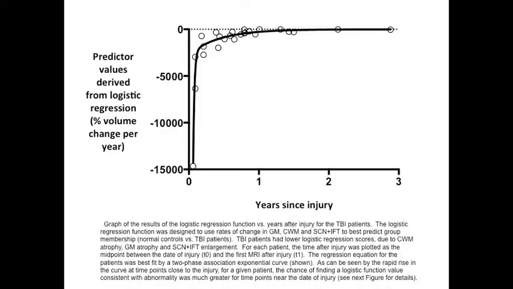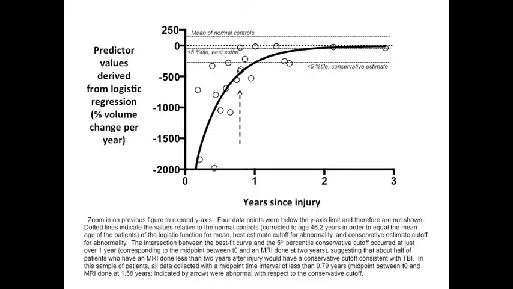But remember, I showed you those curves where the biggest changes were close to the time of the accident, within 6 to 12 months or so, especially. And we noticed in our data, when you looked at the change of the logistic function predictor values over time, that there are very large differences between groups when you got less than about 1.5 years from the injury, especially less than 1 year of the injury.